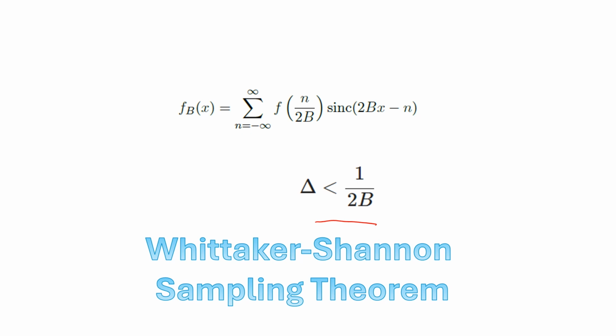So here we have this function f of x sub b, which is f projected onto the band limit where u is between minus b and b. If we sample that with these discrete samples, f of n over 2b, then we can use this interpolating function, the sinc, to exactly reconstruct the signal at any value of x.